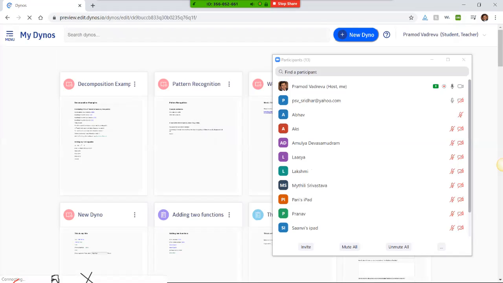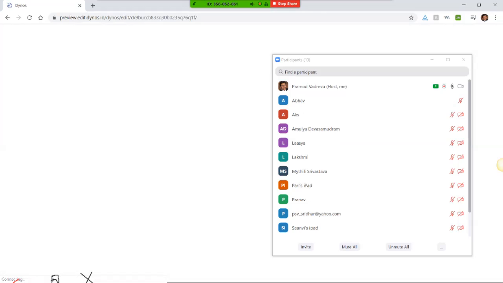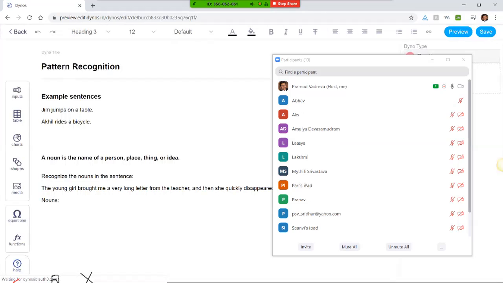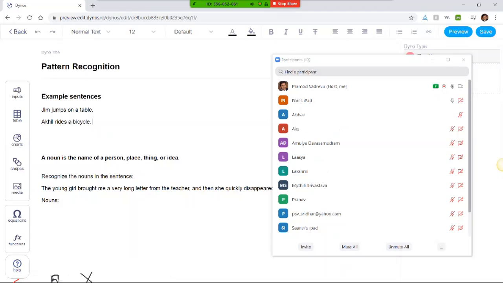So let's jump into English on pattern recognition. I have some example sentences here. We can have more sentences here. Let's see, taking Lasya example: Lasya reads a book.